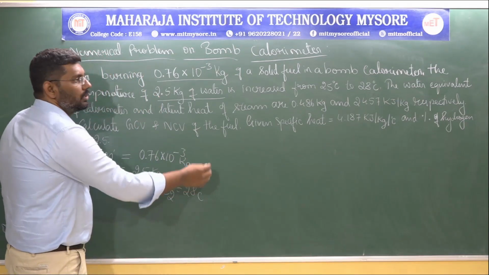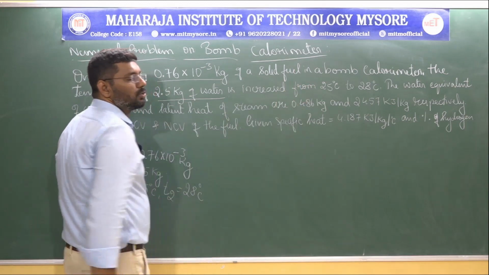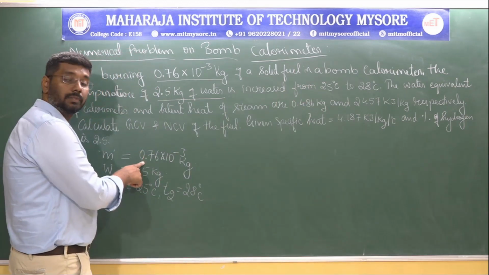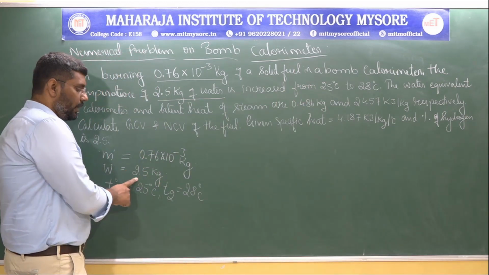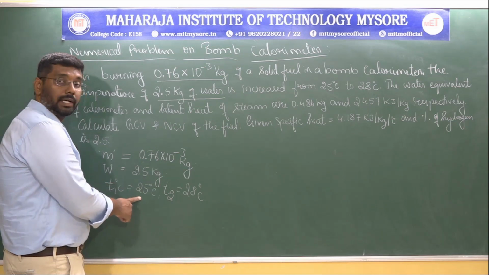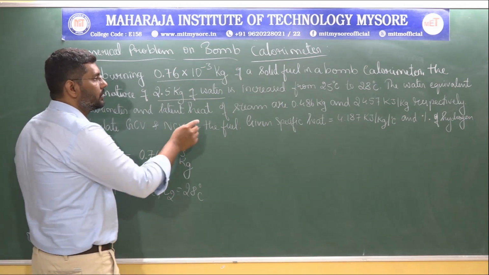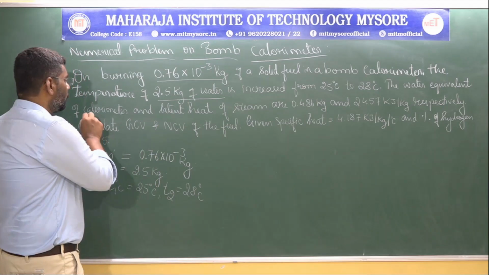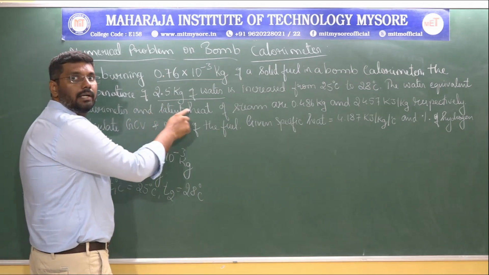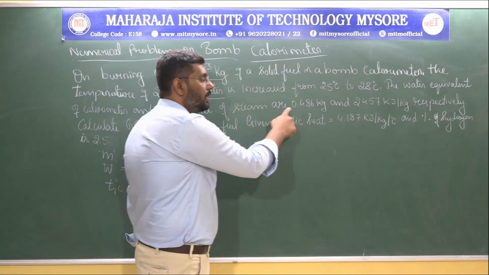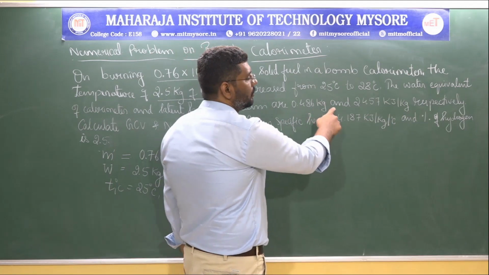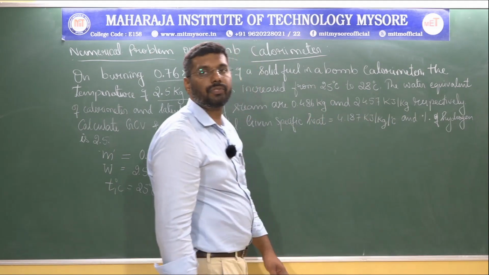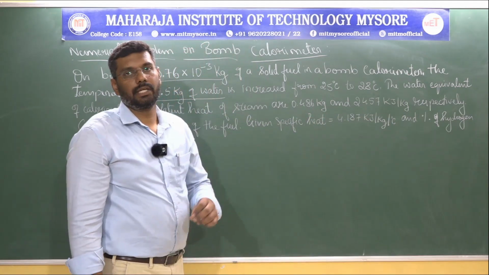Okay, so what is the next data he has given? We came to know about the mass of the fuel, weight of the water, and the rise in temperature. Next he is telling the water equivalent of calorimeter and latent heat of steam are 0.486 kilogram and 2457 kilojoules per kg respectively.